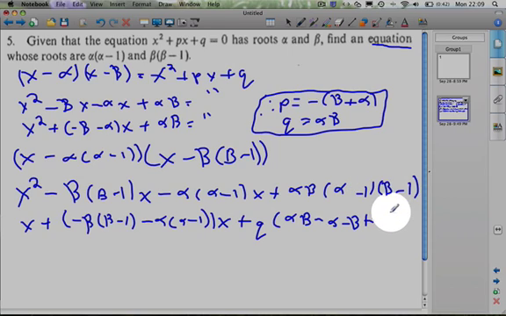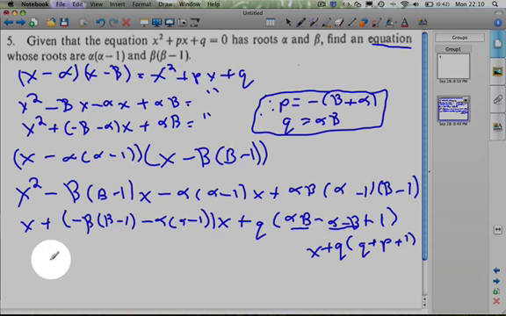Excellent. And here again, you can see an alpha beta, which is a q, and here minus alpha minus beta, which is p. Okay, so the furthest bit over here, q plus p plus 1.